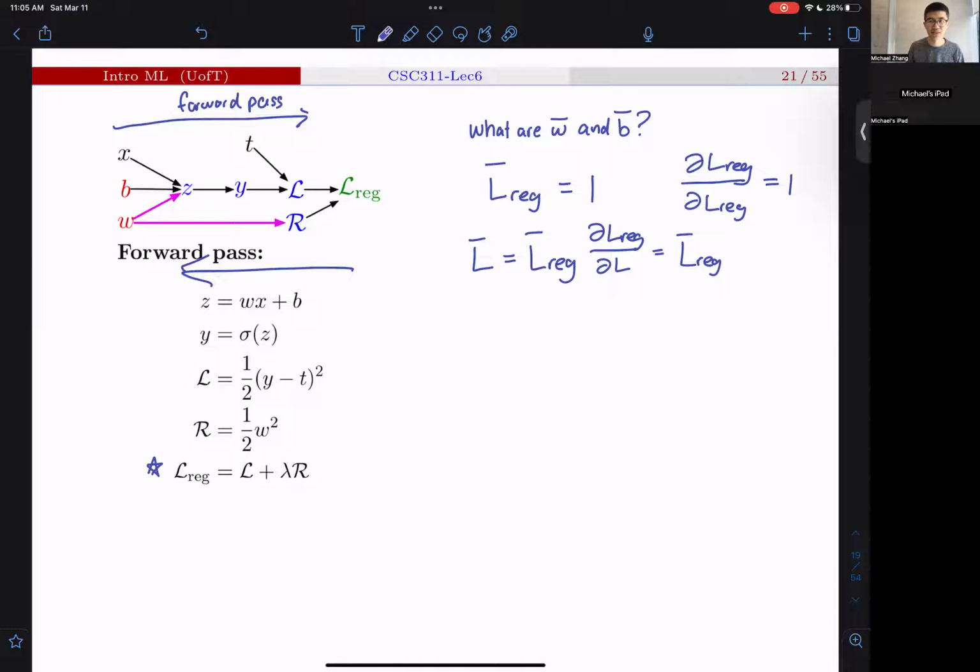Okay. The next step here, we have R bar as well. So R bar is equal to LReg bar times the influence R has on LReg. So partial LReg, partial R. In this case, there's a scaling factor of lambda, so we just pull out a lambda here.